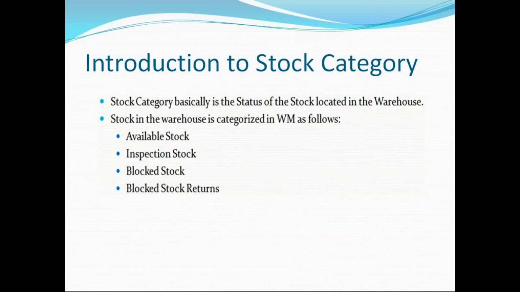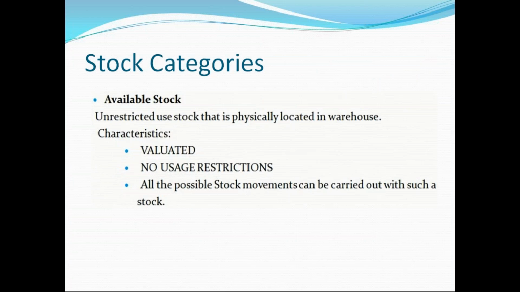So when we deal with goods movement in IM as well as WM, we need to take care of the stock category. Each stock category has its own characteristics, and the material will behave as per the stock category of that particular material in that particular instance in the SAP system. So it is very much important to understand what are the various stock categories available for a material in an SAP system.